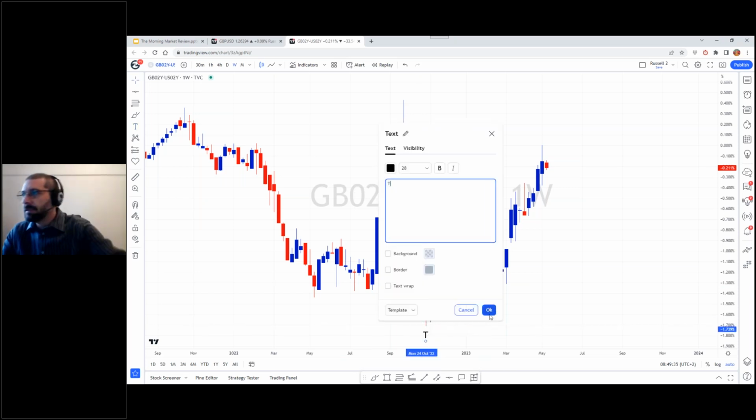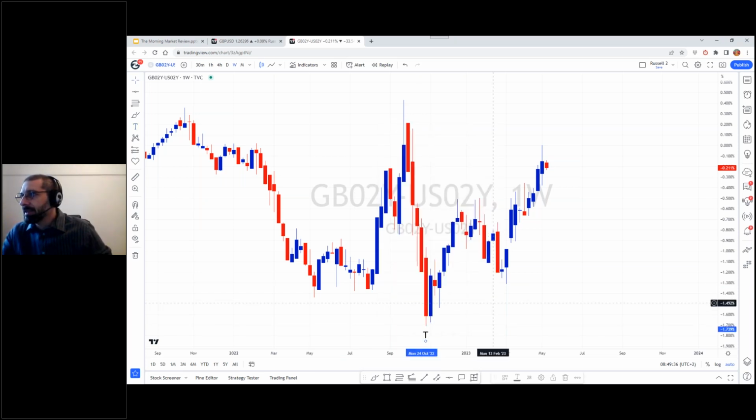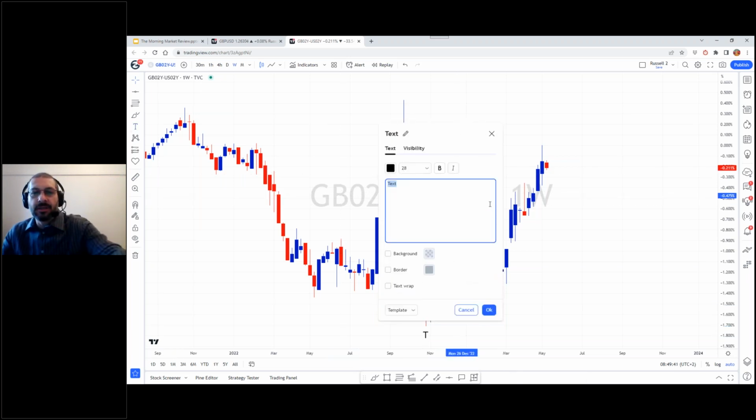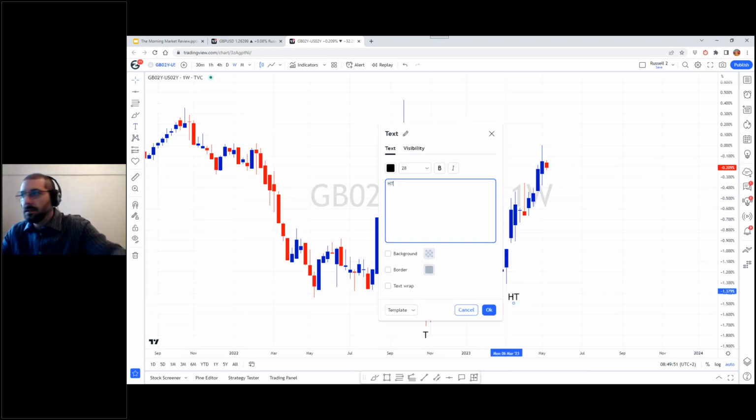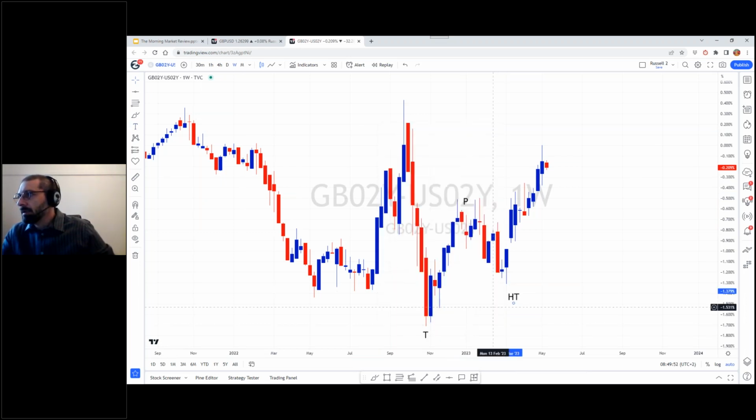Put in a trough. So you can see that the spread is increasing in favor of the gilt. Let's put in a peak. Put in a higher trough here. Put in a higher peak.